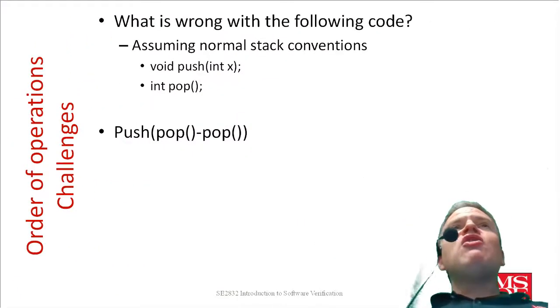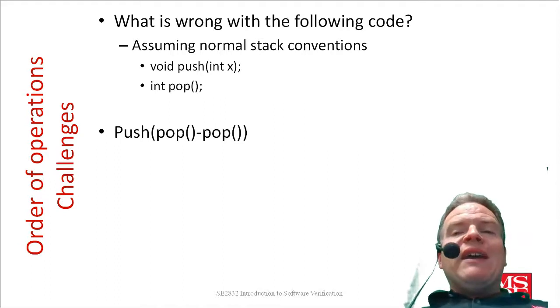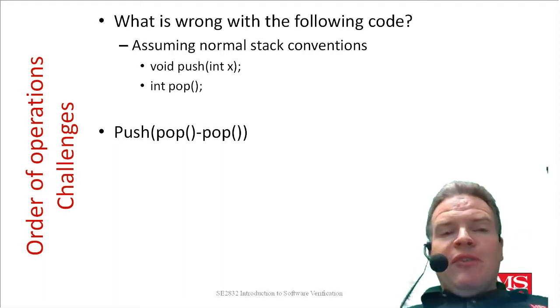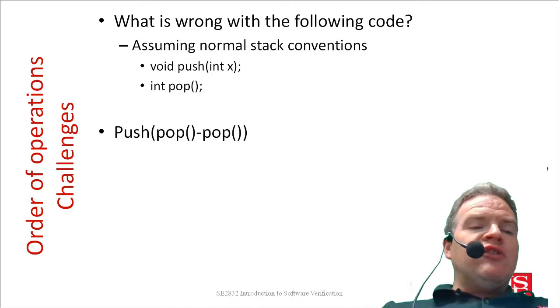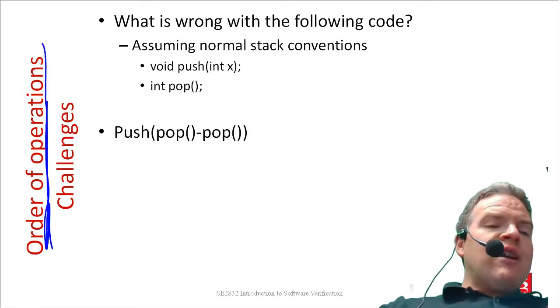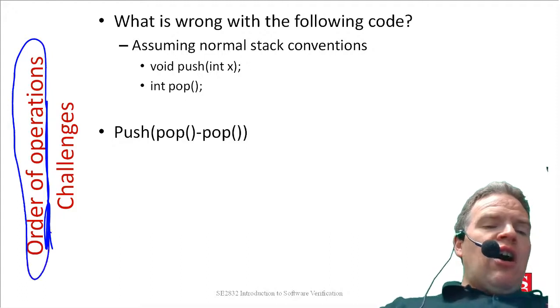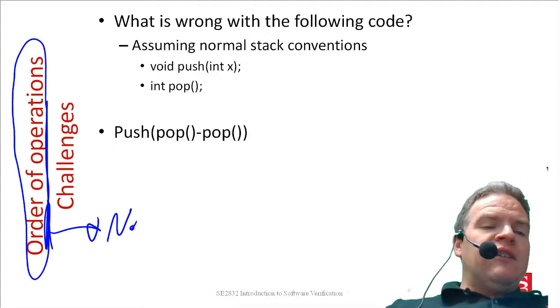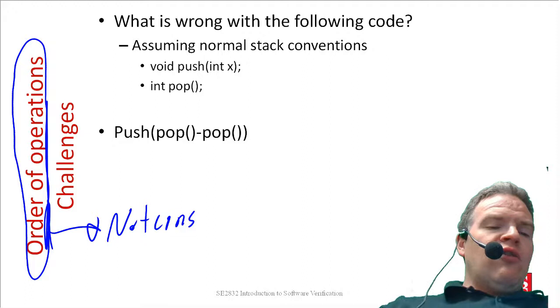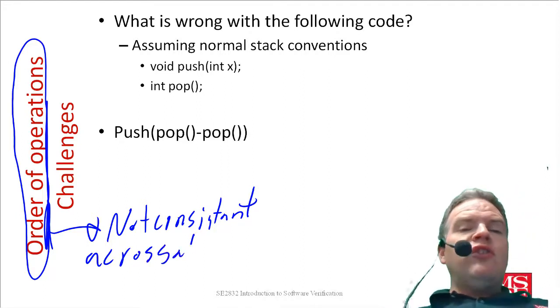Now when we start talking about predicates and these types of systems, we end up with some challenges related to order of operations. And these order of operations are not consistent across all languages. That poses some interesting challenges.